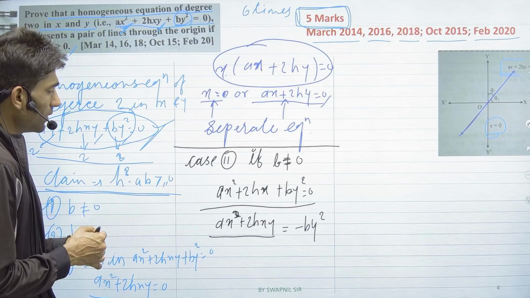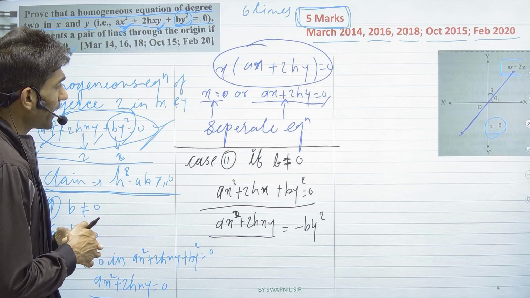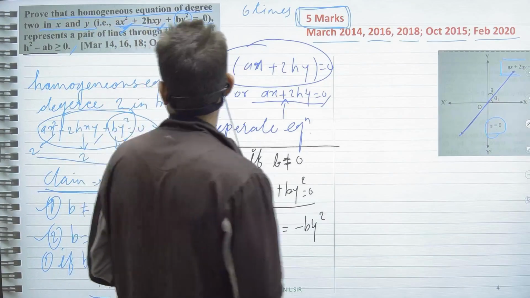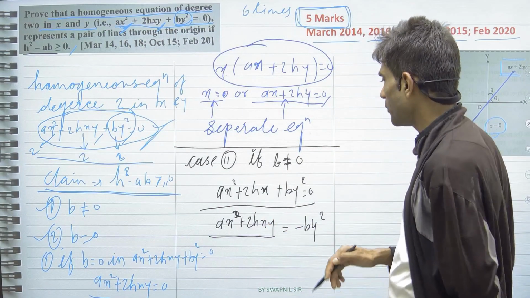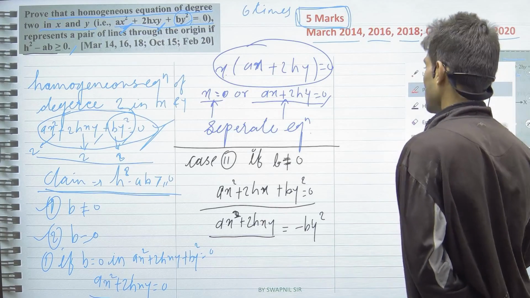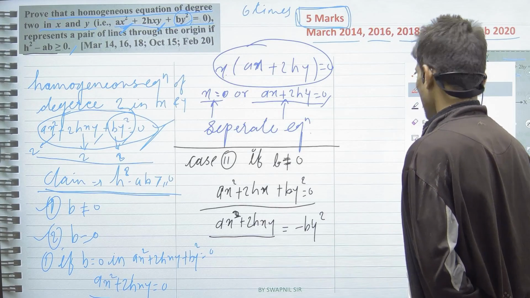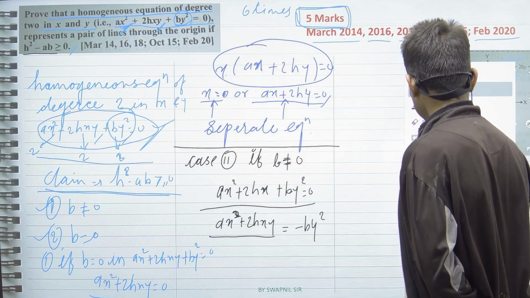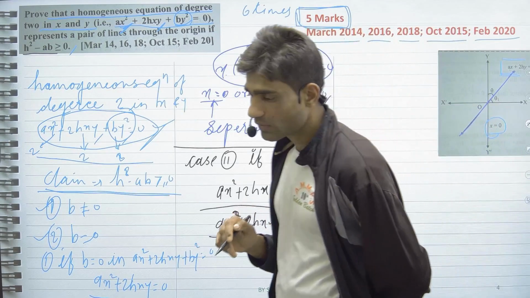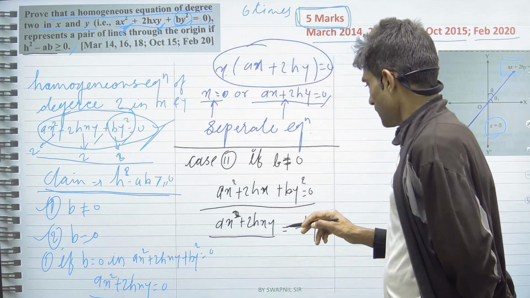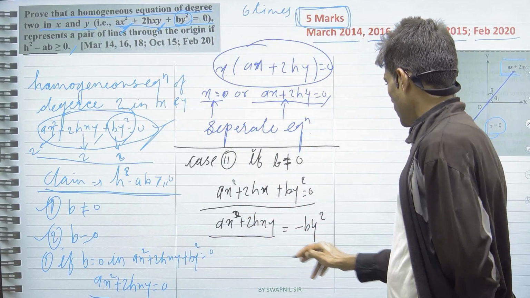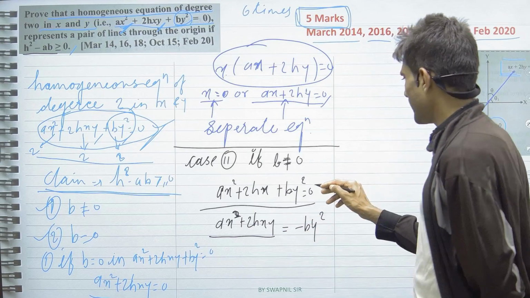What we do here is we try to take the square from our term, with by² remaining. Try to take the square from both sides and we will get the next equation. Now let us go on solving our equation further. We also take the 2hxy to the other side, and we get the equation.